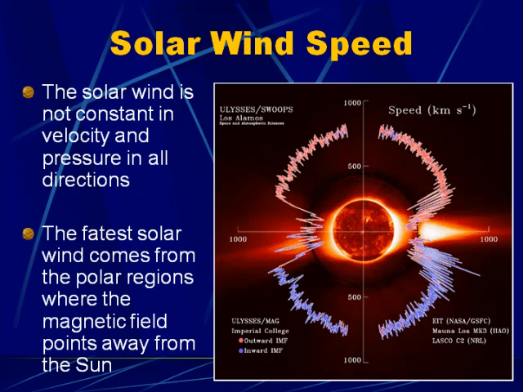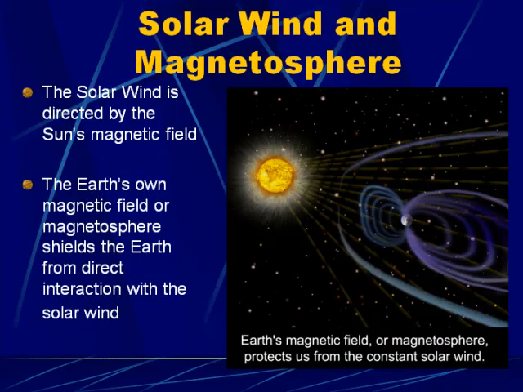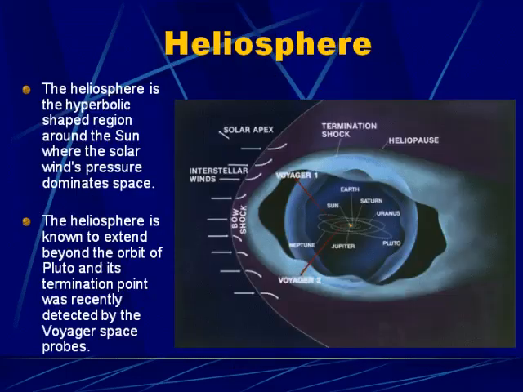But at higher latitudes, away from our own position, the speed actually becomes greater, as does the density. Again, the solar wind is directed by the sun's magnetic field. The Earth's own magnetic field, the magnetosphere, does shield us from most of these particles which would be harmful.